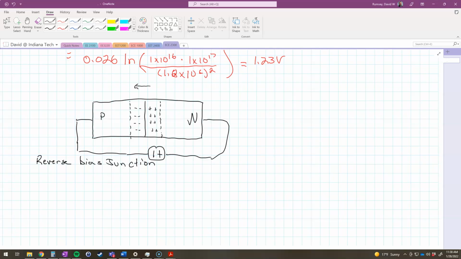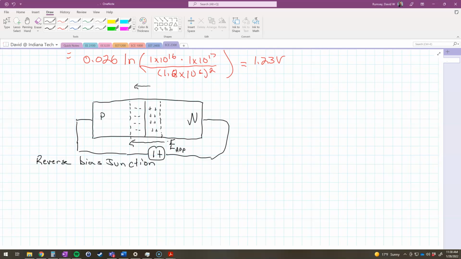But the key thing here is thinking about what the direction of the electric field is. Because of the way this voltage is set up, the direction of the electric field, and I'll say E applied here for the electric field being applied, would be in the same direction as the electric field that set up the diffusion, to set up that depletion region.